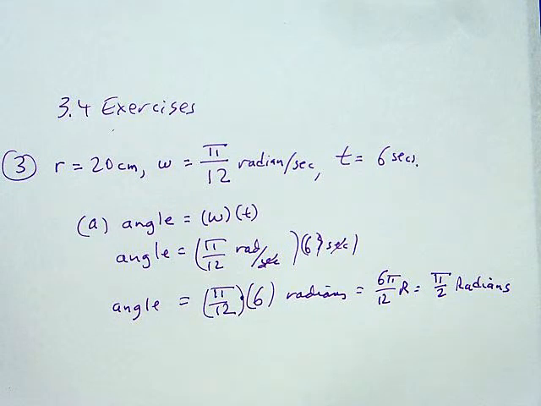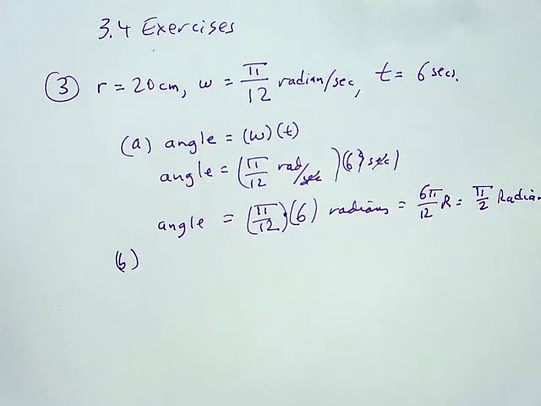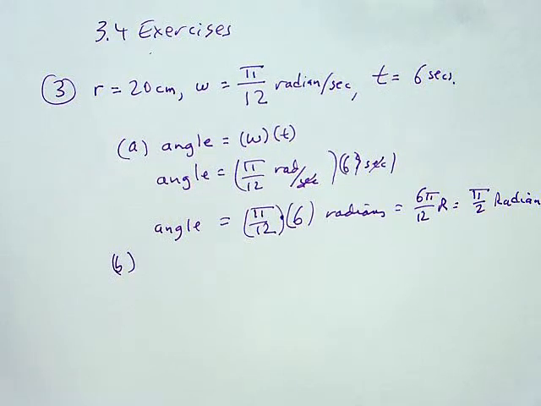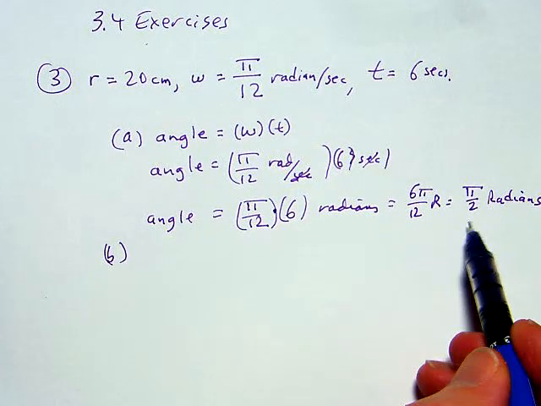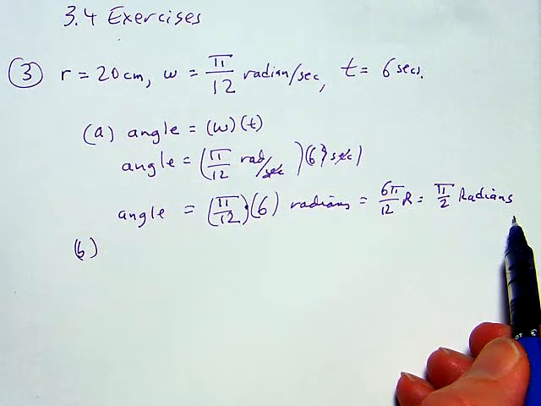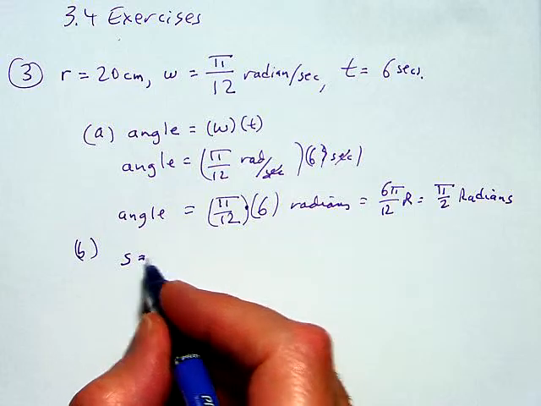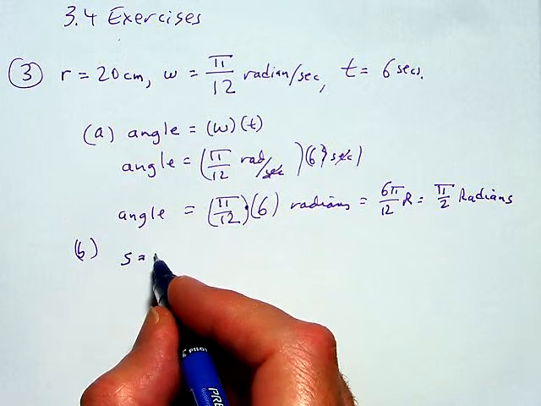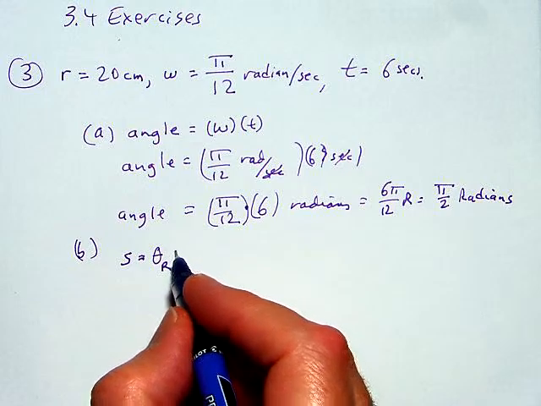Let's go to B. The distance traveled by P along the circle. Okay, so in order to figure that out, well, actually, we can do this directly. We know that we've traveled pi over 2 radians, and we know the formula, the distance, sometimes denoted as s, equals theta in radians times the radius.